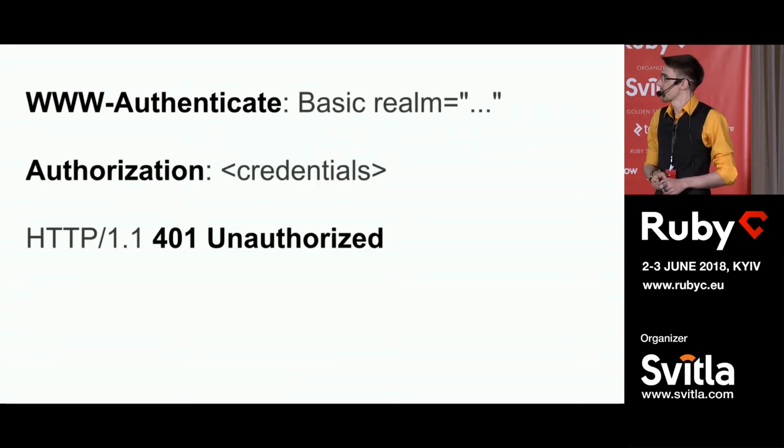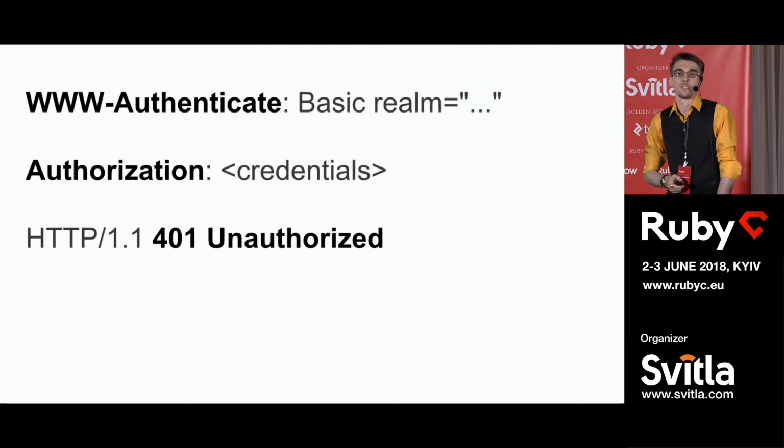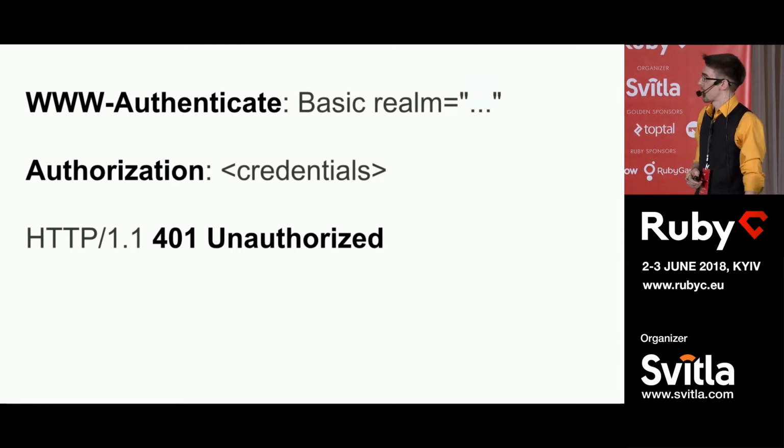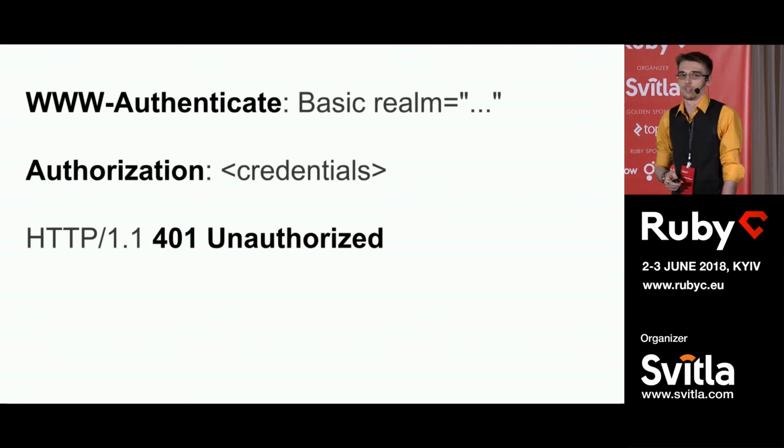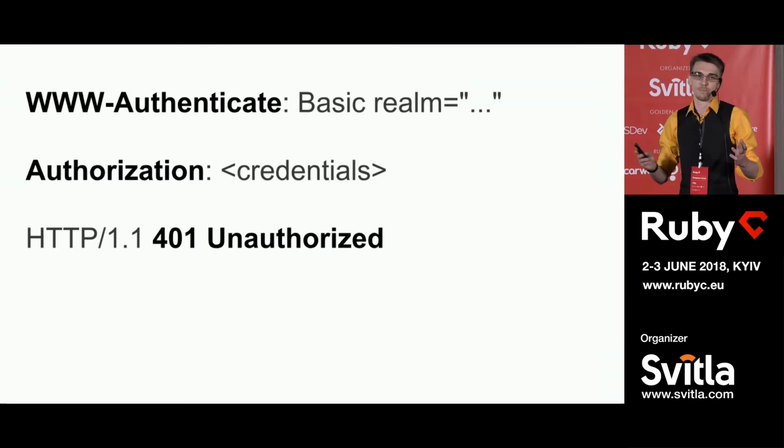So now it's clear. When the server says WWW-Authenticate, the server just says to you, please prove who you are. And when you send an Authorization header, you just say to the server, here is my permission.